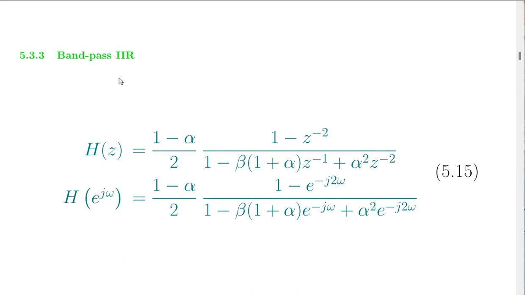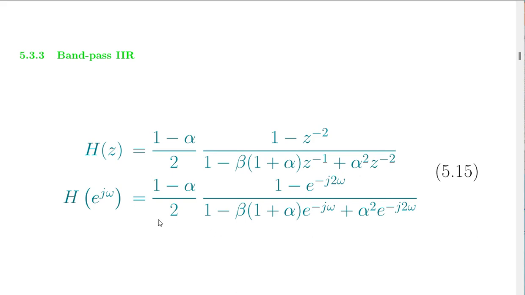Bandpass IIR, the same scenario and the same strategy will lead to H of z equal to half (1 minus alpha) times (1 minus z to the power of minus 2) over (1 minus beta times (1 plus alpha) times z to the power of minus 1 plus alpha to the power of 2 times z to the power of minus 2). And I don't want to read the frequency response.